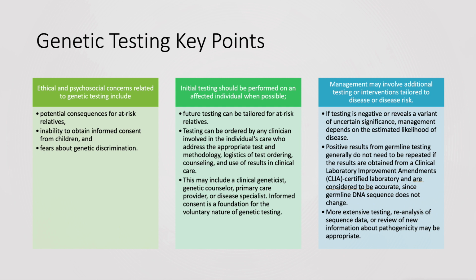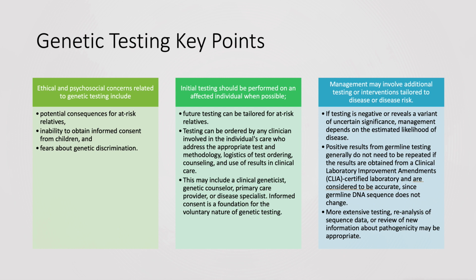Or what is the patient's obligation to make that known? The inability to obtain informed consent from children is a problem, and fears about genetic discrimination. Initial testing should be performed on an affected individual when possible. Future testing can be tailored for at-risk relatives.